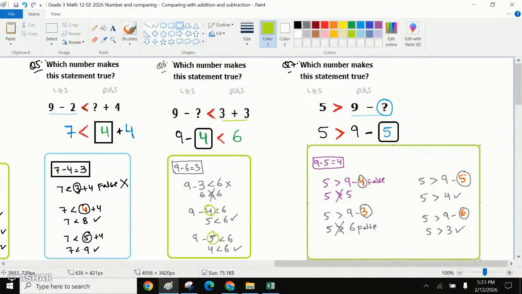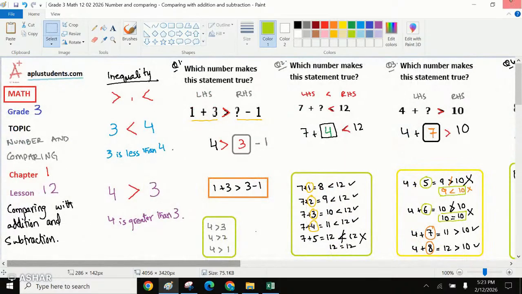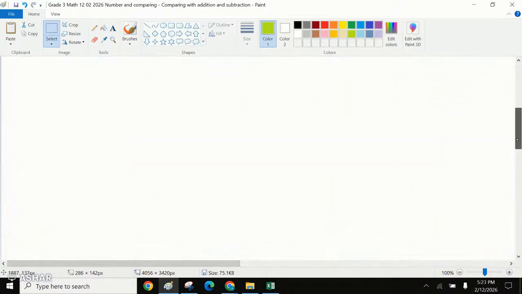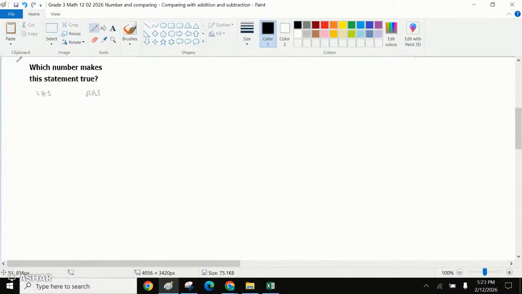Okay, let's move ahead to the next question. Question number 8. Okay, let's have a look at question number 8. The question says, which statement makes it true?